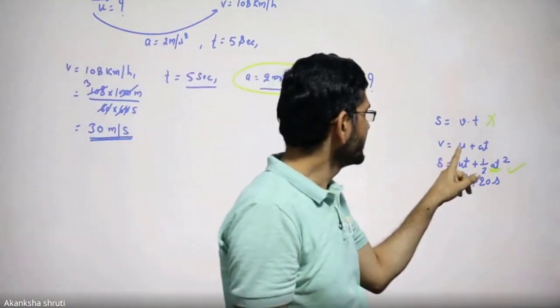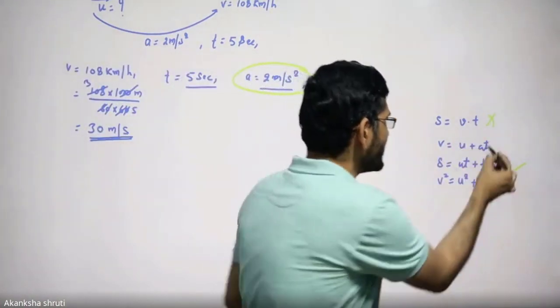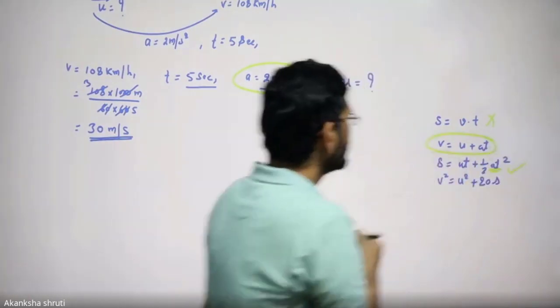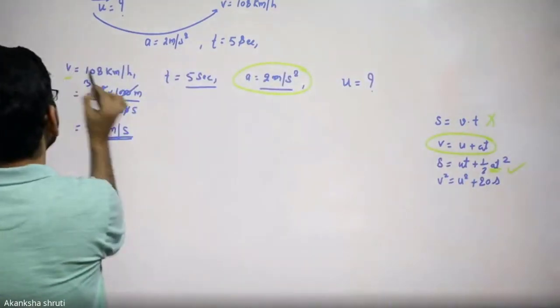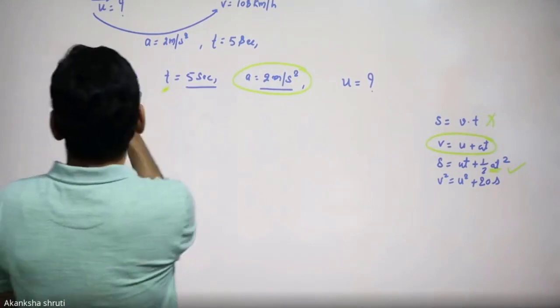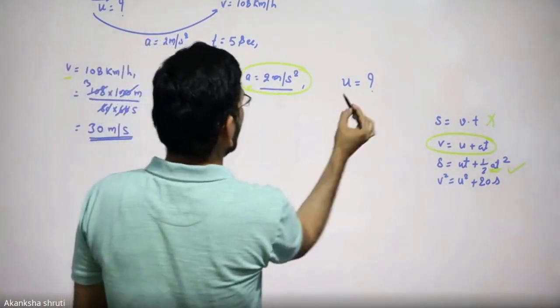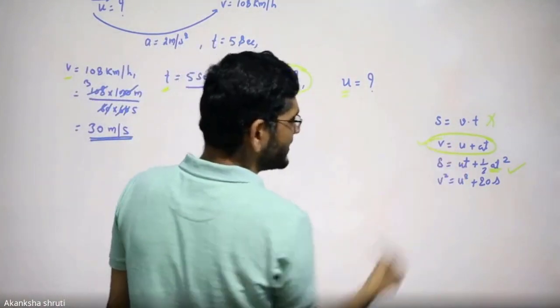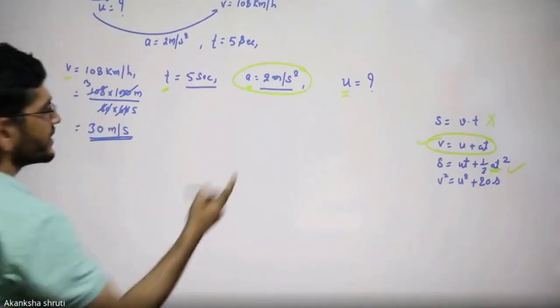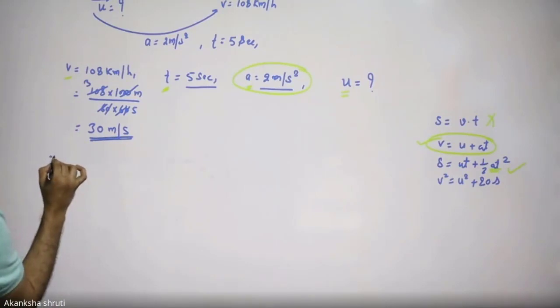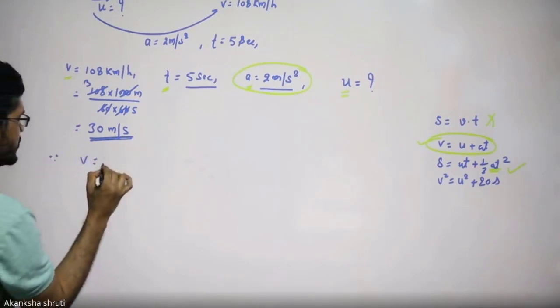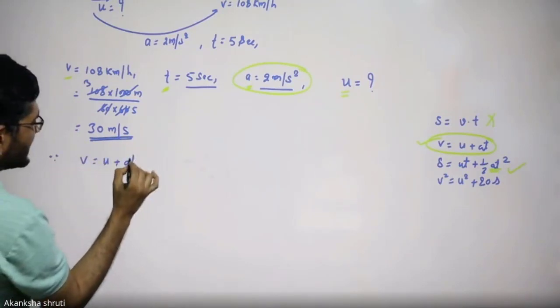It appears that v is equal to u plus at is the formula correlating all our given quantities. So this is the suitable one. Let us take this. We have to write the formula first: v is equal to u plus at.